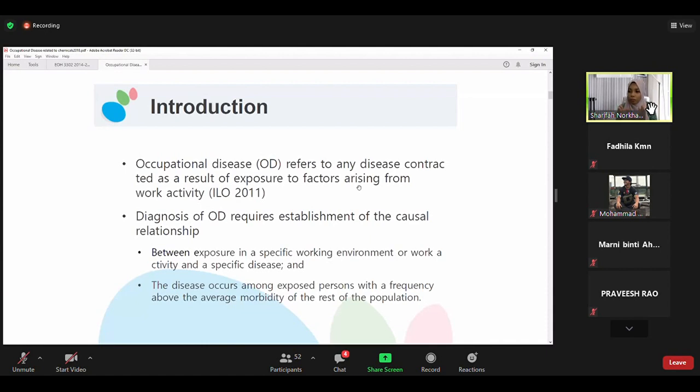For example, cancer. If you say that cancer is from work, we have lots of other factors, for example our lifestyle, whether we exercise or not, and our food intake also influences cancer. So it's very difficult to relate cancer to the occupational setting.